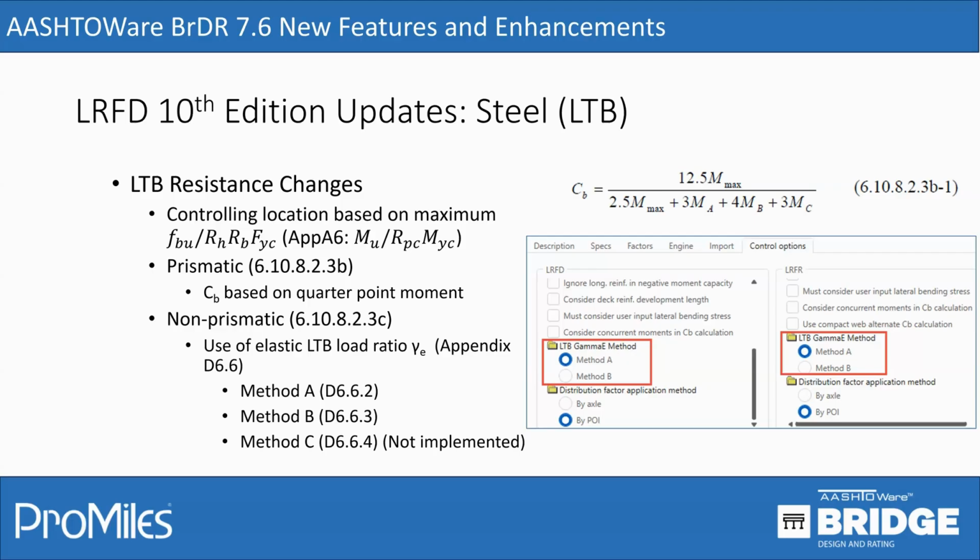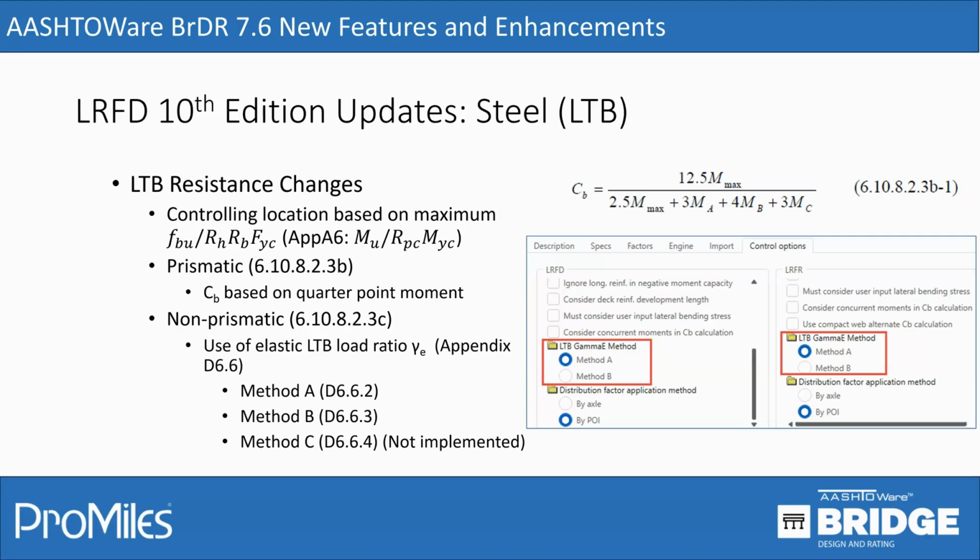In the previous implementation, there were some requirements for prismatic sections and some requirements for non-prismatic sections. In this spec update, there's a separate article for prismatic sections where you compute CB based on quarter point moments, and this quarter point moment equation came from AISC.